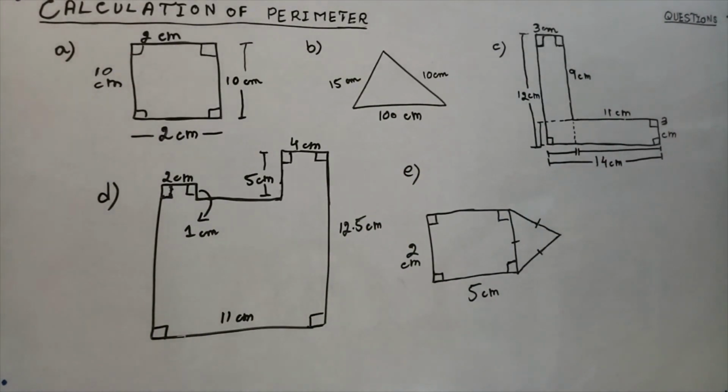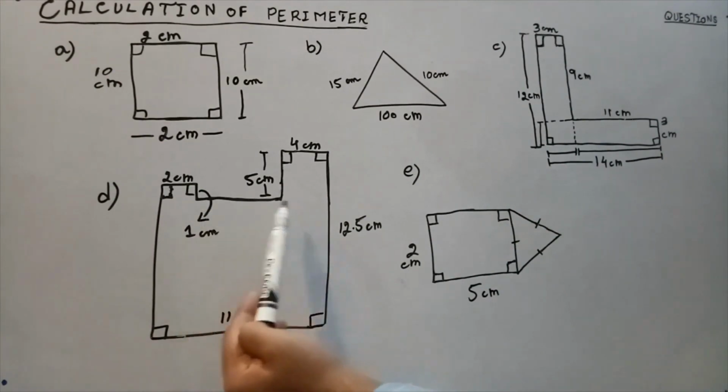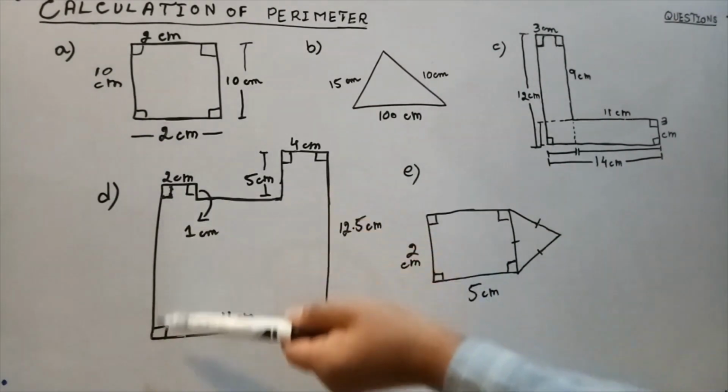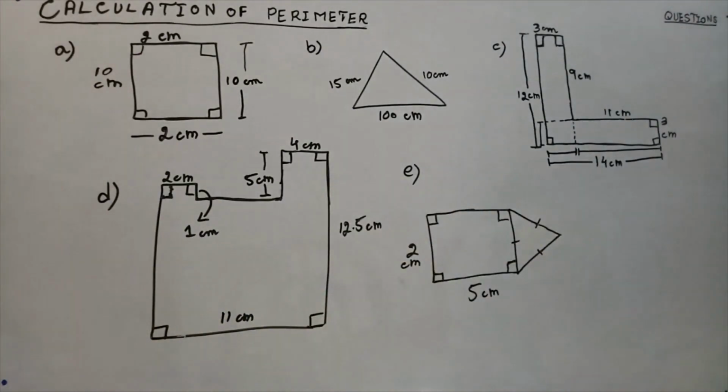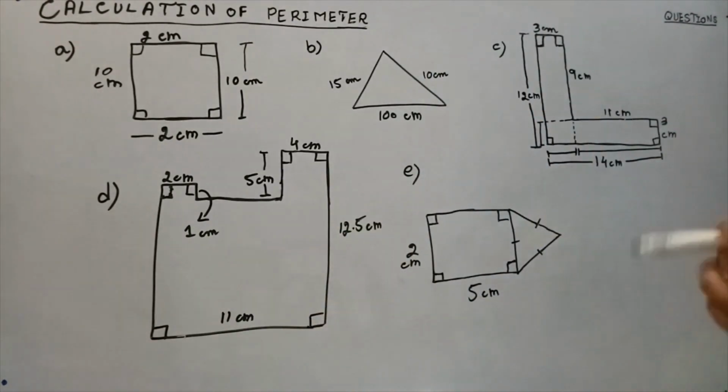And the unknown lengths are, first of all, this length, which we have to find, and this length, which we have to find, so that we can find the perimeter. So let's see that here. First of all, which length can we find out? Let's see this length. How to find this length?